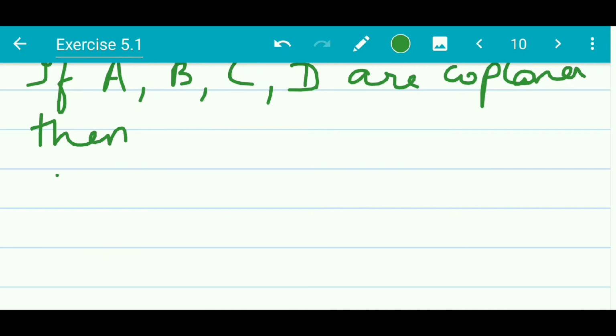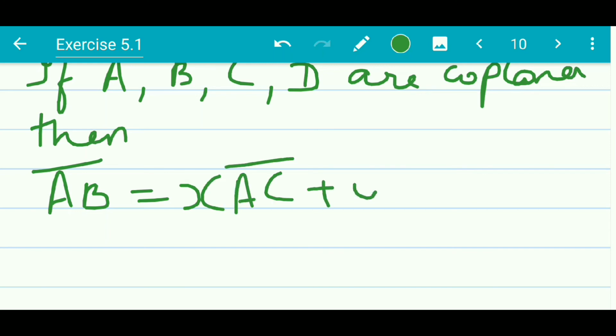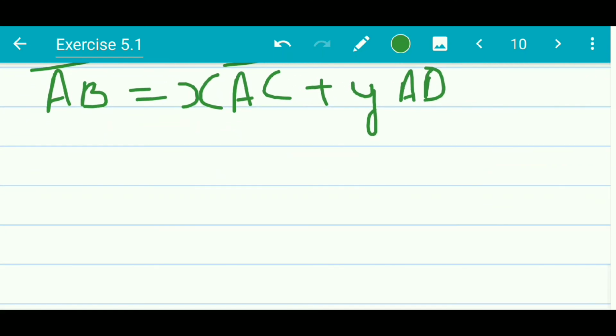Then AB can be expressed as x into AC plus y into AD. In the previous lectures' theory, we have learned that coplanar vectors can be expressed as linear combinations, where x and y are scalars. Now suppose x and y exist, then ABCD are coplanar. If they do not exist, then they are non-coplanar. So let us see whether x and y exist or not.